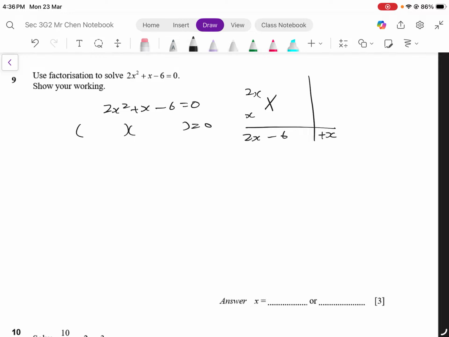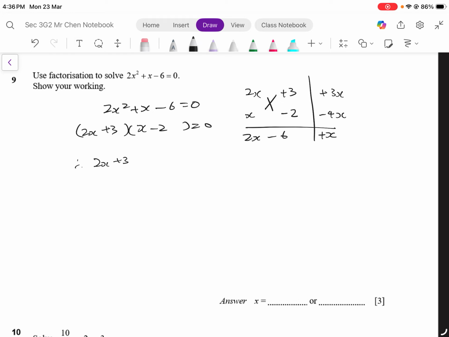We want x, right? So logically, I would say minus 2 and plus 3. So you get minus 4x plus 3x. When you add them together, you get minus 1x. So it's 2x plus 3, x minus 2.